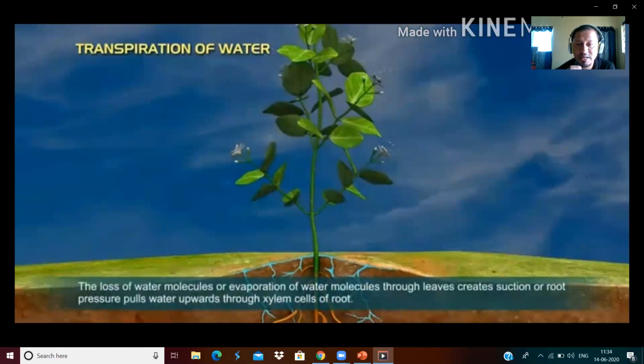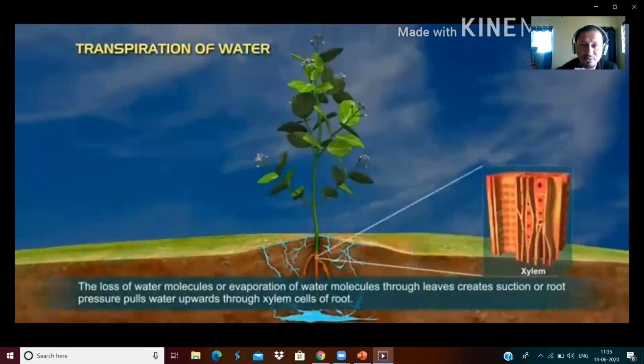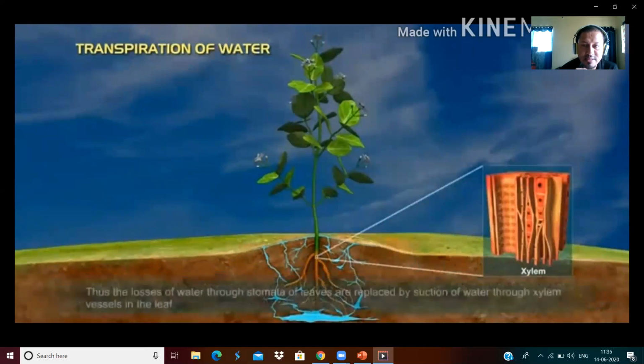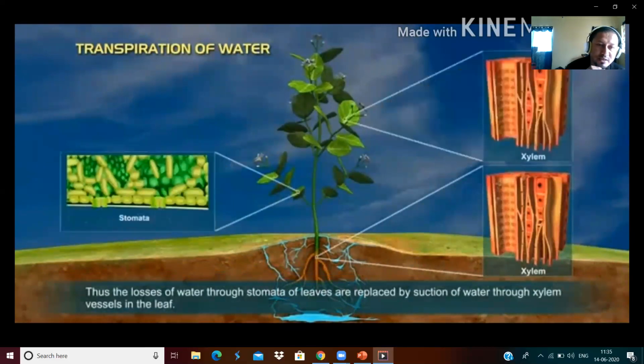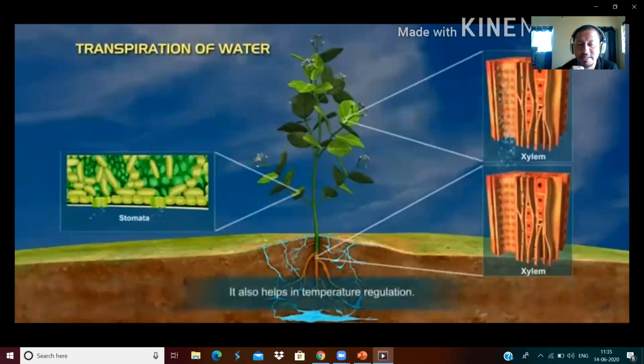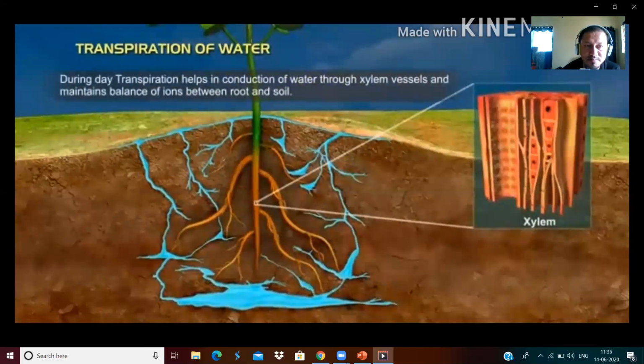That creates a suction, or a root pressure. We call it suction pressure or root pressure on the xylem cells of a root. That means because these are continuous tissues, water loss from the leaves creates a suction pressure on the roots, which will make the water move upward through tracheae and vessels. This process also helps in maintaining the temperature of a plant.